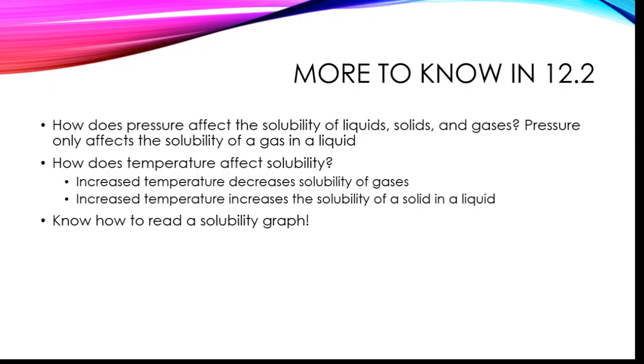You should be really familiar with this by now. That's how you read the graph: an upward slope is going to be a liquid or a solid, and a downward slope is going to be a gas. You are going to have to be able to read the solubility graph just like you did with the quiz that we did before.